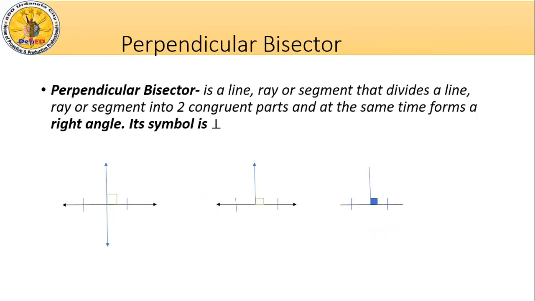Perpendicular bisector. Perpendicular bisector is a line, ray, or segment that divides a line, a ray, or segment into two congruent parts, and at the same time forms a right angle. Its symbol is this.